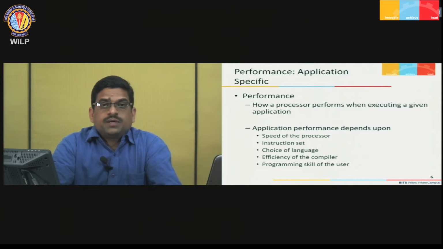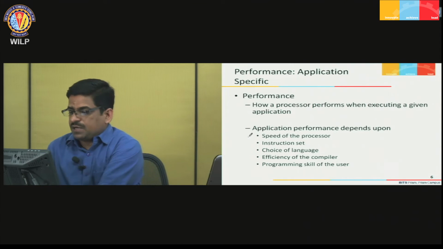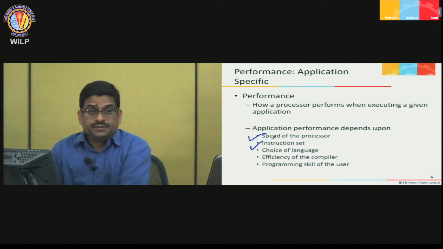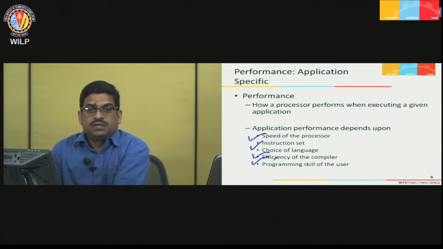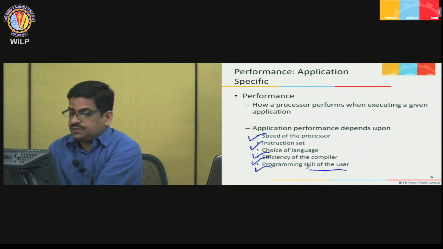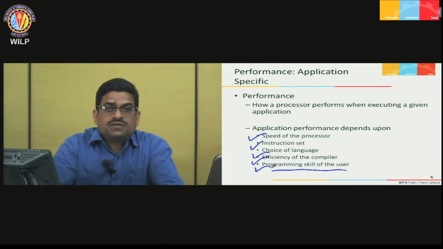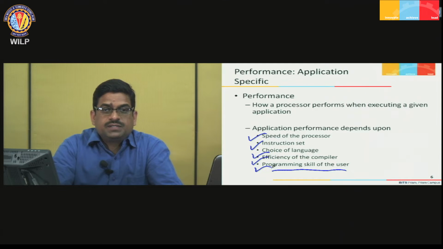If I want to compare two computers or two CPUs, I have to run the same program on these two computers, and only then can I compare them. So the performance we are looking at is in terms of the given application, and application performance depends upon the speed of the processor, instruction set, choice of language, efficiency of the compiler, and the programming skill of the user. Right now we are not considering the language, compiler and programmer.